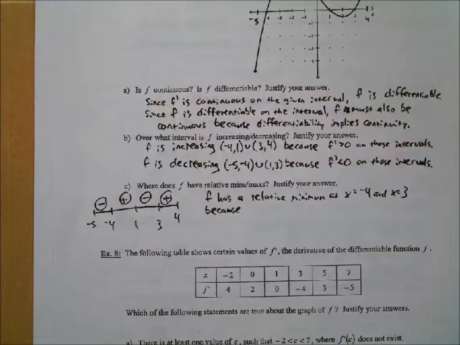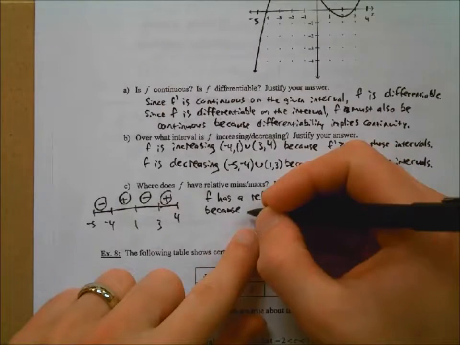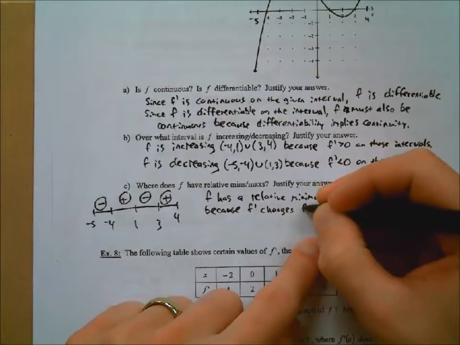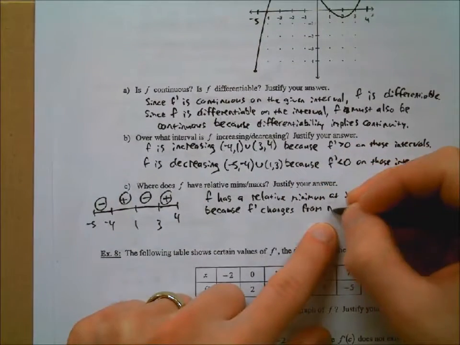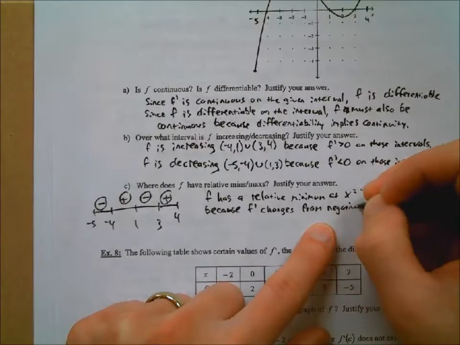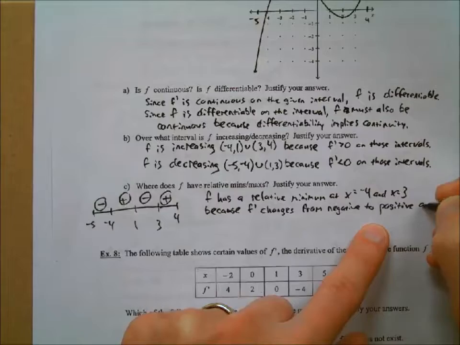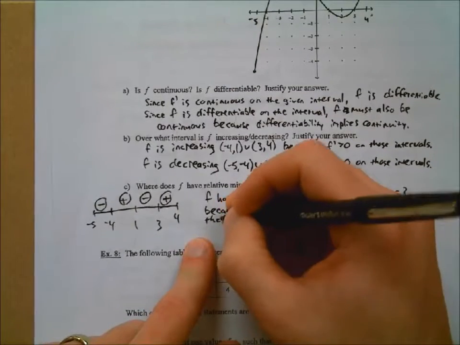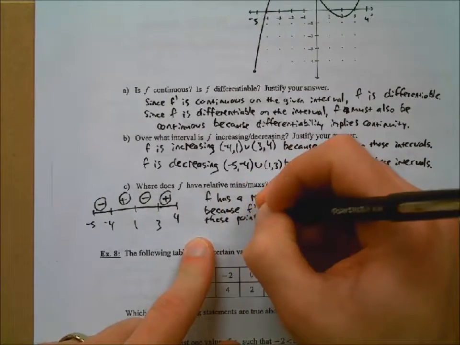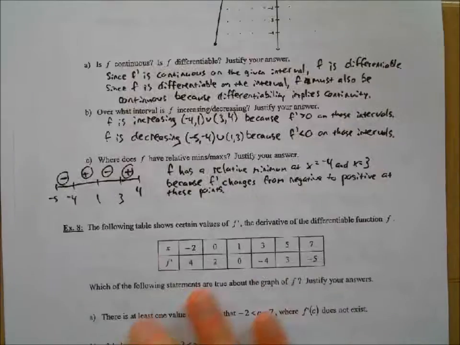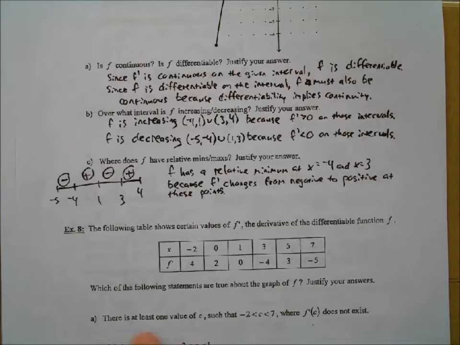Again, watch your pronouns. Let's just say because f prime changes from negative to positive at these points. That's your justification. F prime changes from negative to positive at those points.